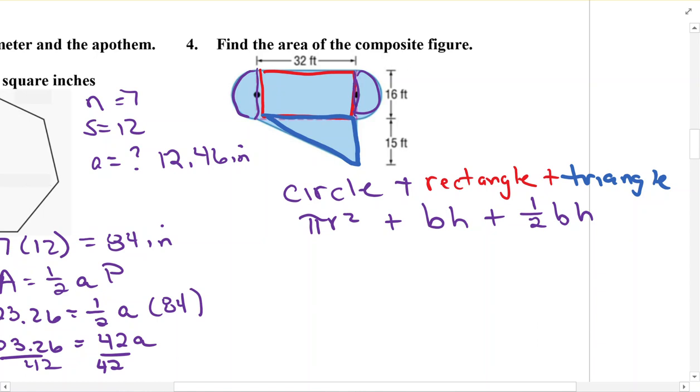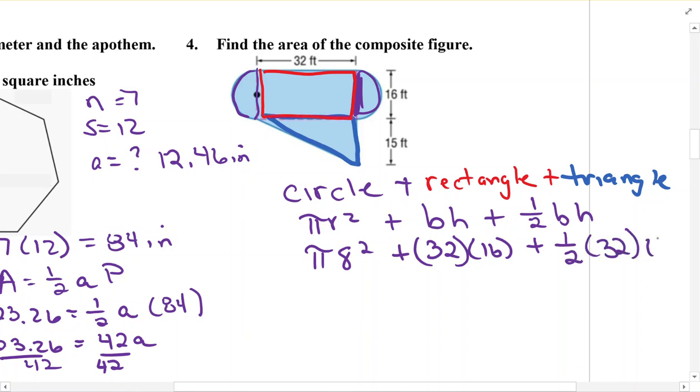Well, if the diameter of the circle here is 16, then the radius would be 8. The rectangle would be 32 times 16. And then the triangle would have a base here of 32 and a height of 15.